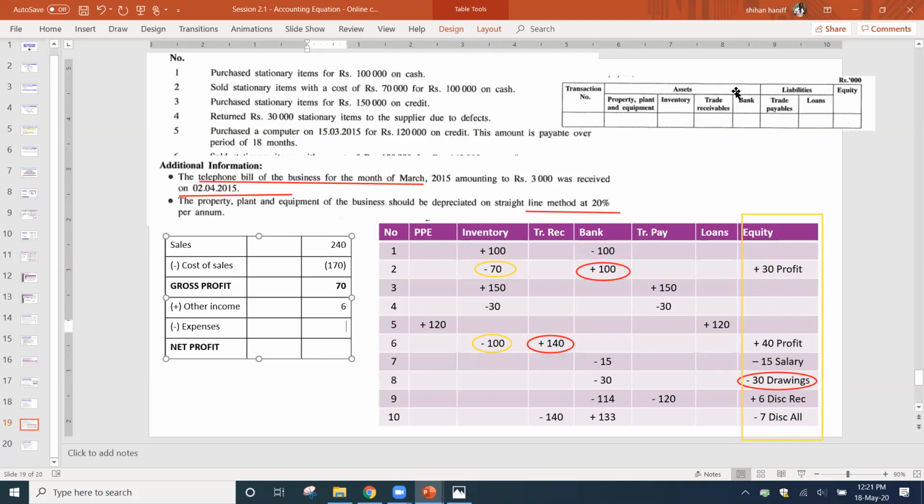And expenses, there is salary expense and discount allowance, 20. And also these two, telephone bill and depreciation. Expenses, I'll show the expenses.